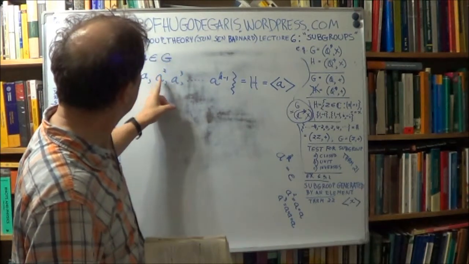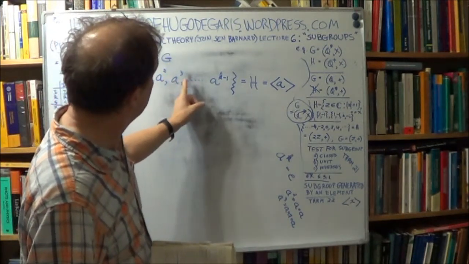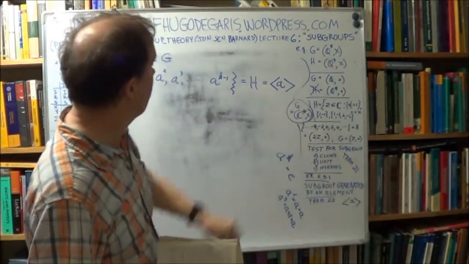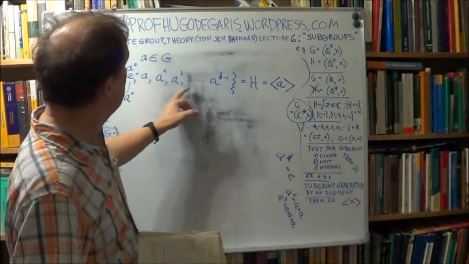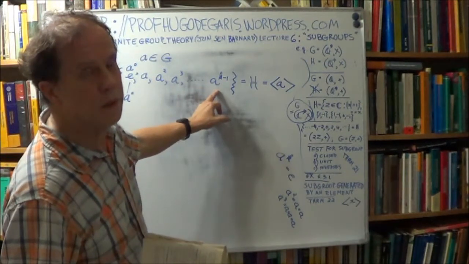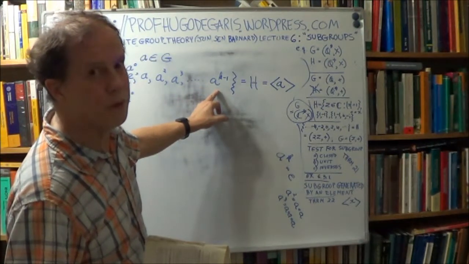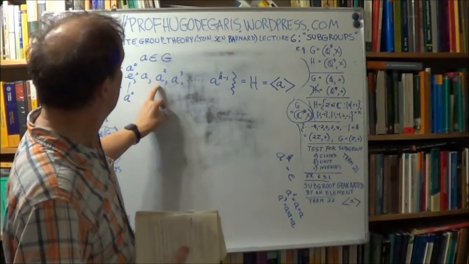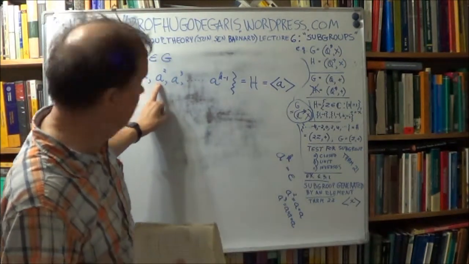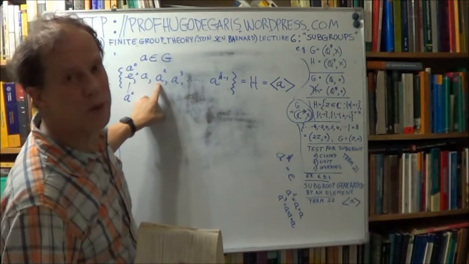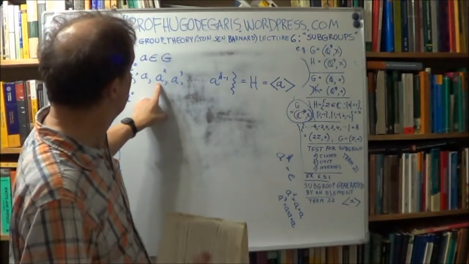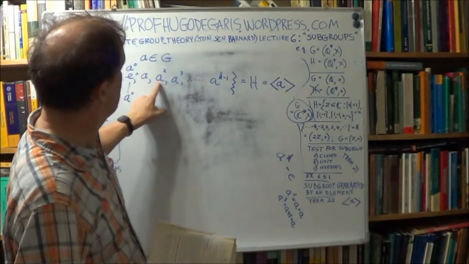So each of these members of H, or this subgroup, they all belong to G. Is that sort of obvious if you think about it? Like A belongs to G, right? Now G is closed, right? So A times A, whatever it is, must also belong to G, because that's what closure means. So this belongs to G.